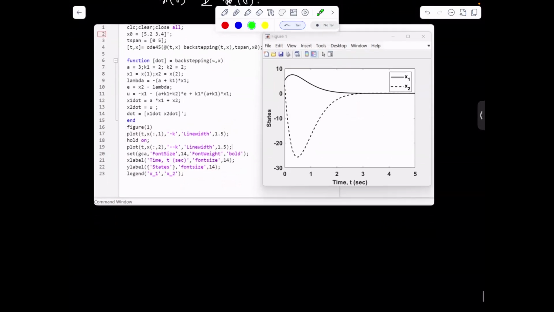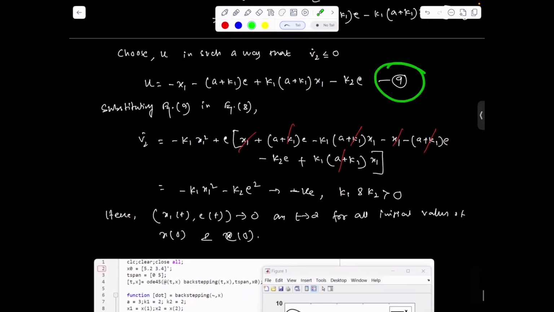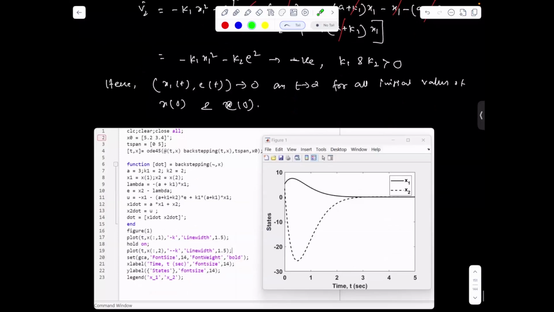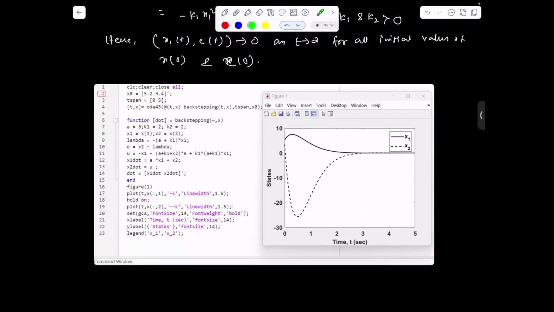You can see that over time, the states are going to 0, and the system is stable for the control algorithm you obtained in equation 9. This is basically the stabilizing control which makes the system stable. This is how we can write the MATLAB code for this particular example. If you have any other dynamical system, you can easily come up with the MATLAB code.